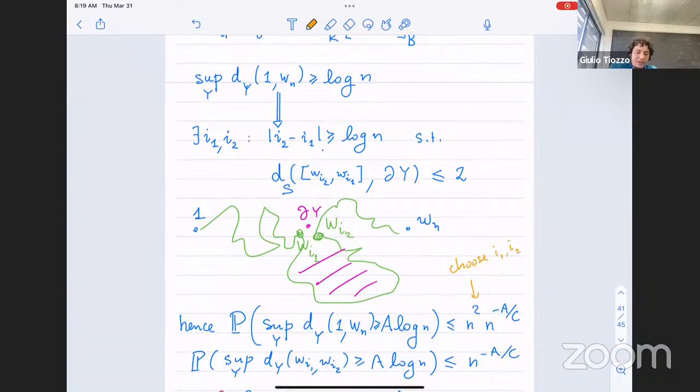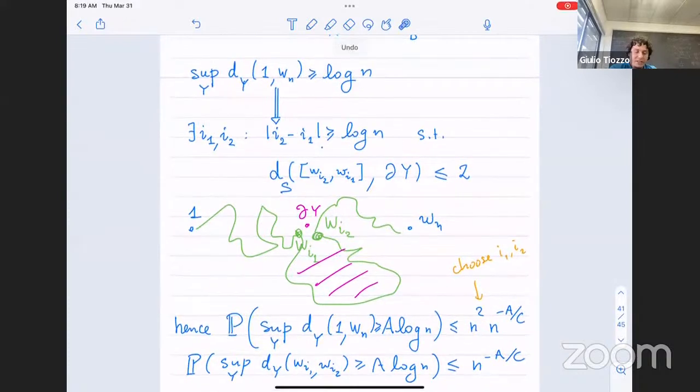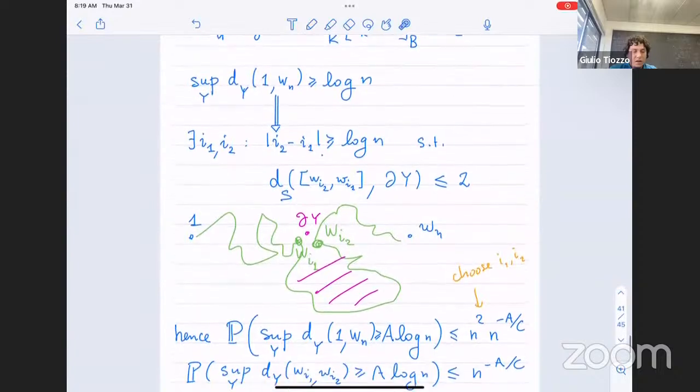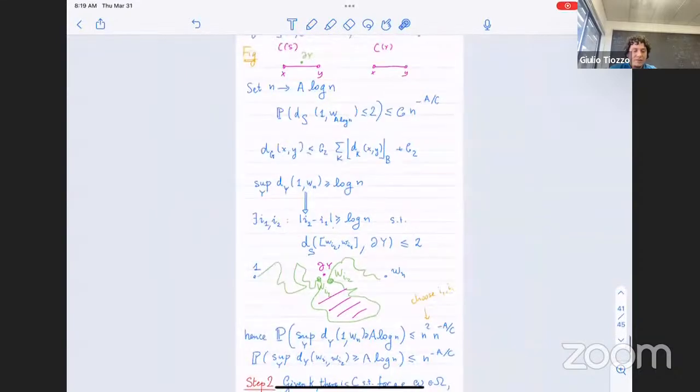So in the end, what is interesting is you get a polynomial bound. And if you choose a very large, we can make this polynomial very small. So we make the power very negative. And in fact, we need to make this power very negative because in the end, we want to apply the Borel-Cantelli lemma. Okay, so that's the first point.